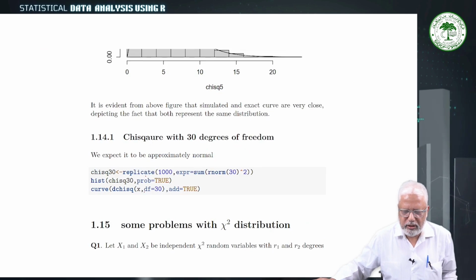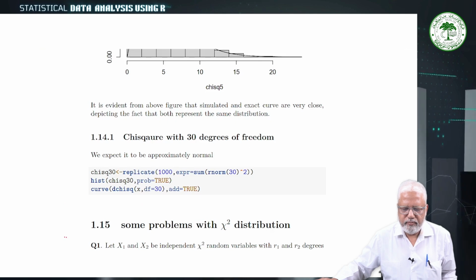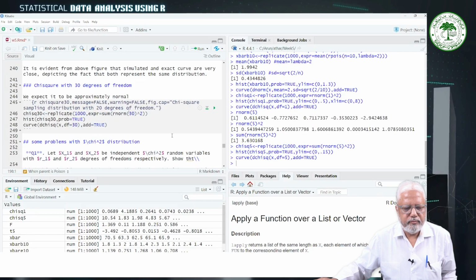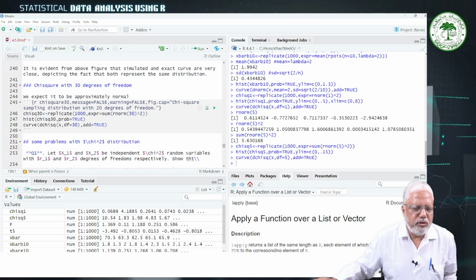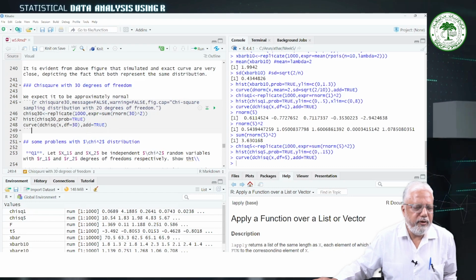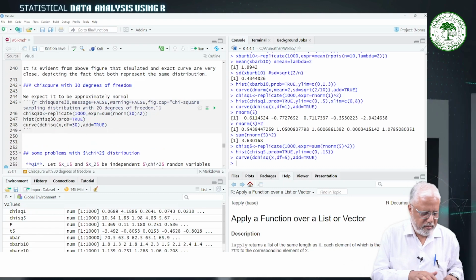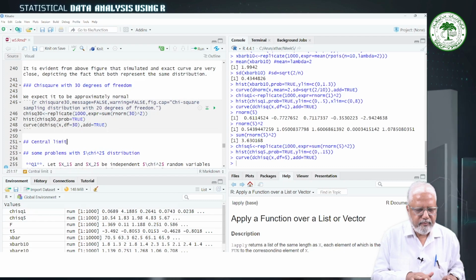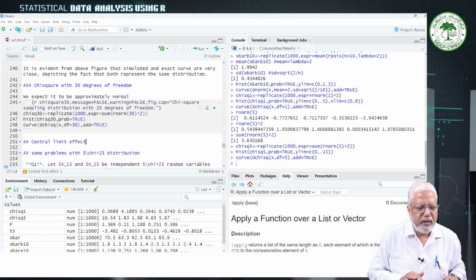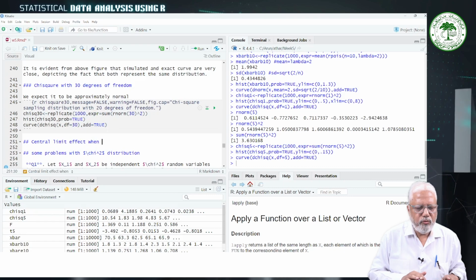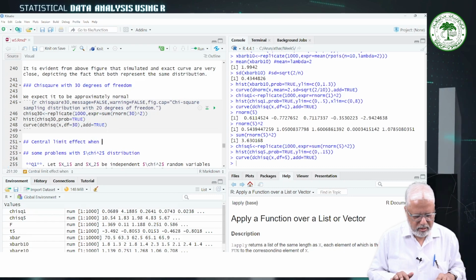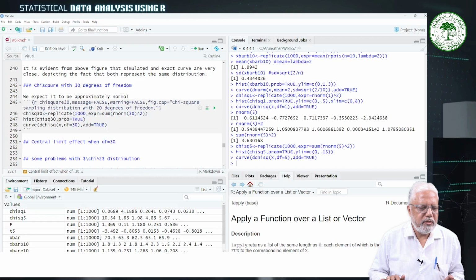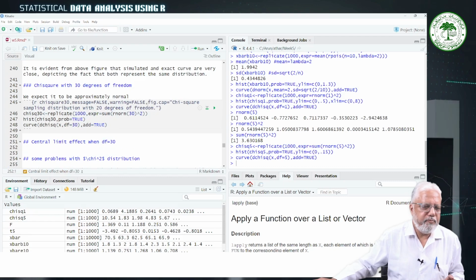It is not about central limit theorem, it is about the simulation to look into the central limit effect when df is equal to 30. So here we can paste these commands.